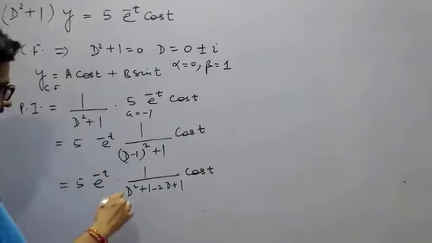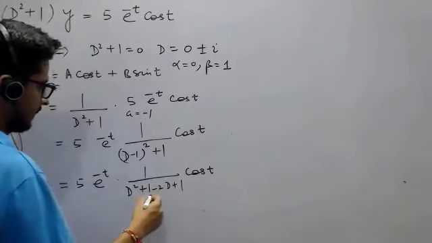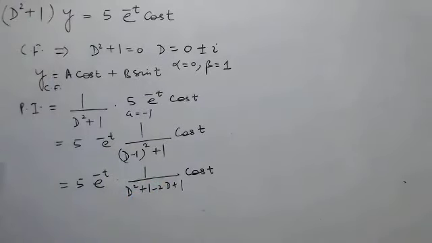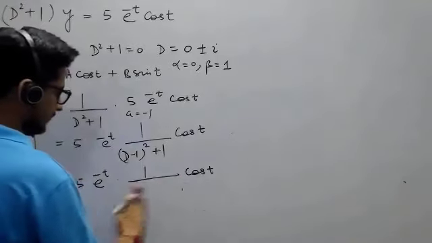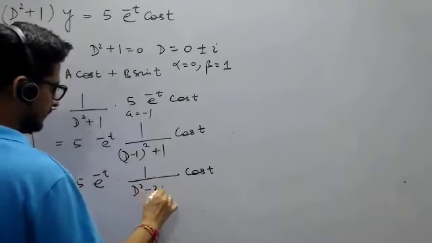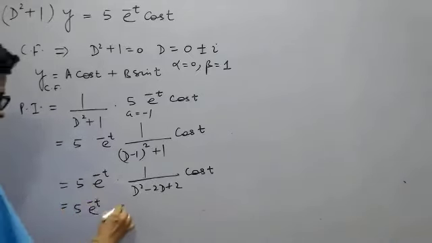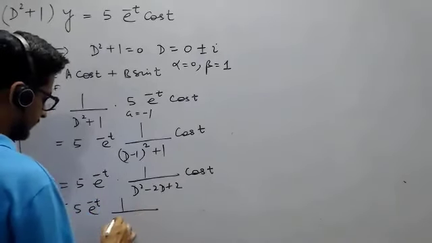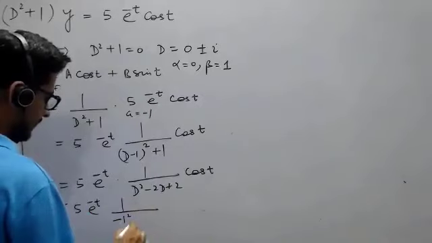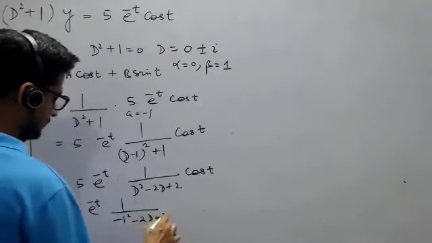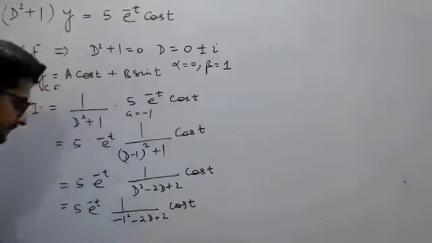So which is what it will become? D square minus 2d plus 2, na? D square minus 2d plus 2. It will become like this. देखो भाई बताओ. Is that okay? Yes. Yeah. And now apply the method that is given by 5 e to the power minus t 1 upon minus 1 square minus 2d plus 2 cos of t.